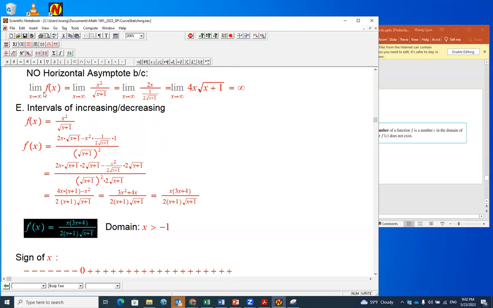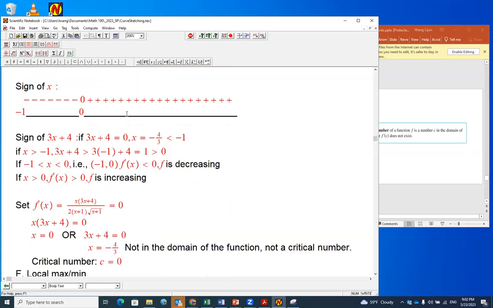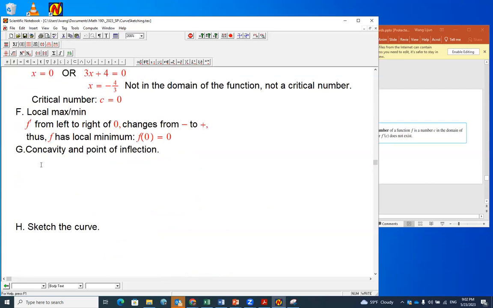Just take this first order derivative, and we're going to take the derivative of it, which is going to be the derivative of the first order derivative. Quotient rule. Okay, so we're going to apply the quotient rule.